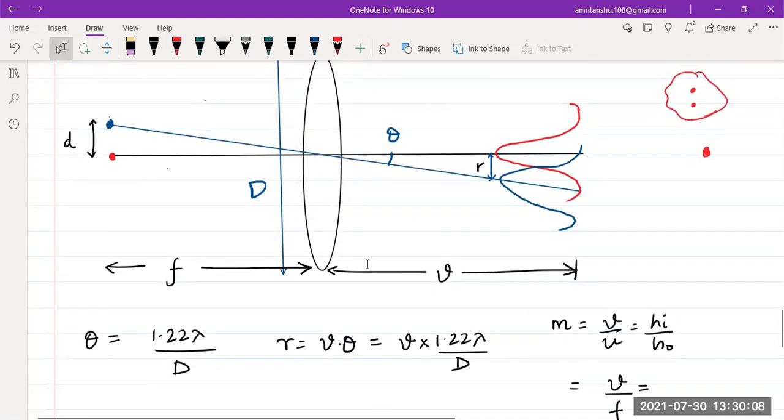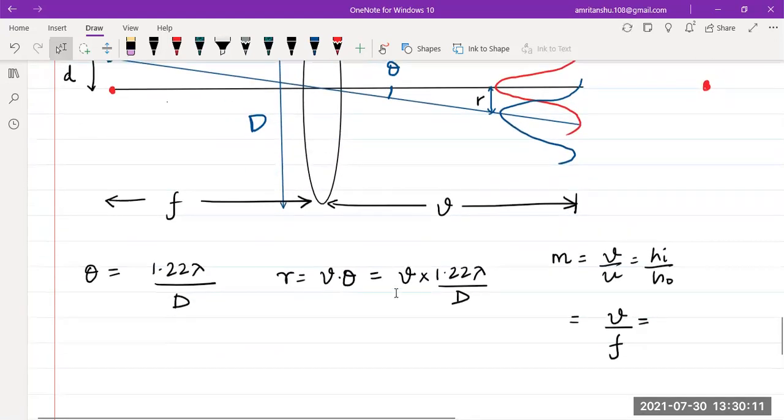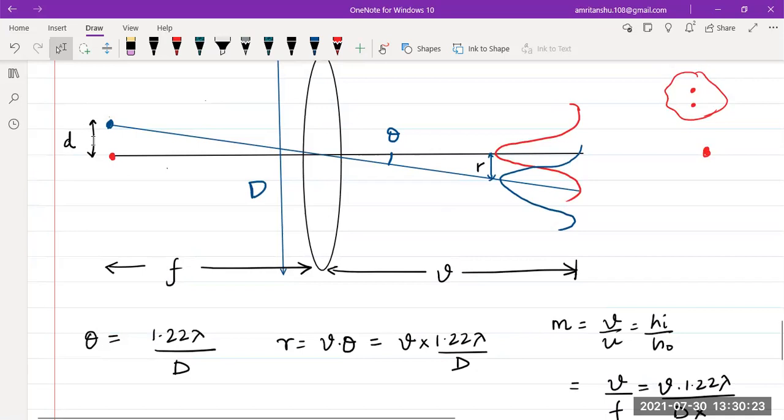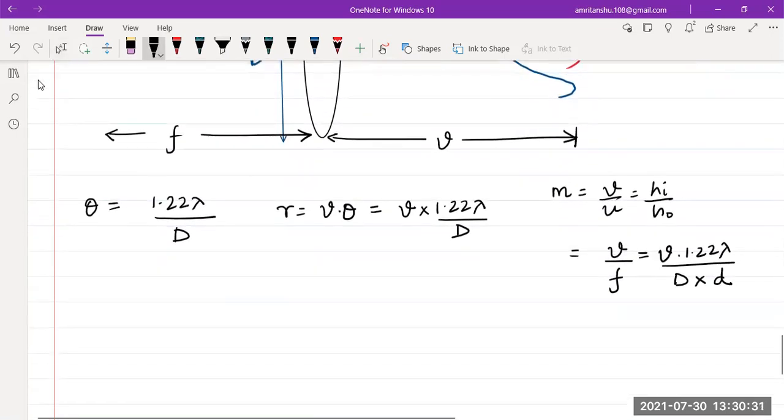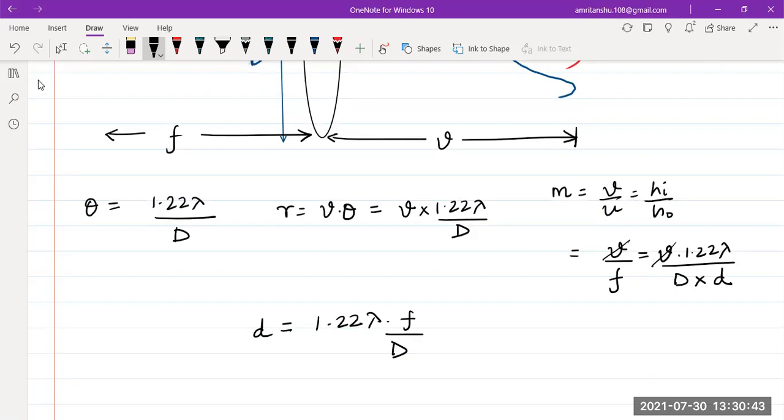The height of image here is r, and r happens to be v into 1.22 lambda by D, and this d dash will be treated as the object's height. So we can take this over here, and once you solve this expression, v cancels, and you get d dash as 1.22 lambda f by D.